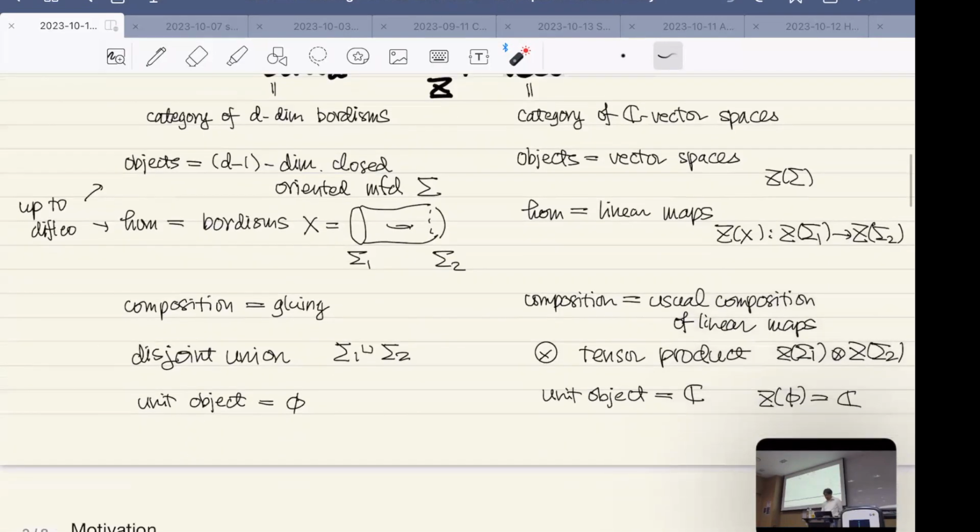And if you have a disjoint union sigma 1 union sigma 2, then the corresponding vector space should be the tensor product. And for the unit object, the corresponding vector space should be the base field. Any questions?